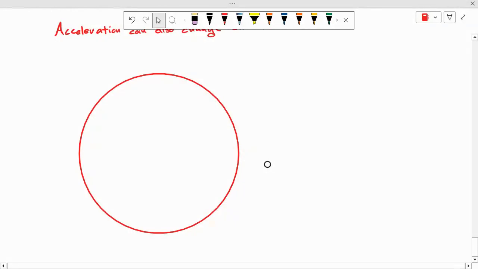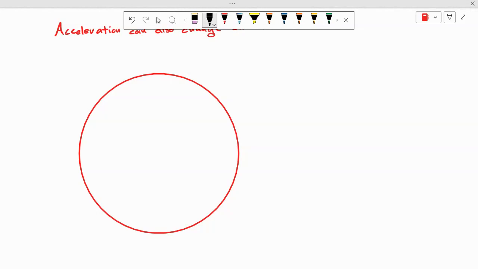All right. I'm going to do 3 different scenarios where a particle is traveling around in a circle, and at different points we know its velocity. We have to find out which direction the force or acceleration is in.